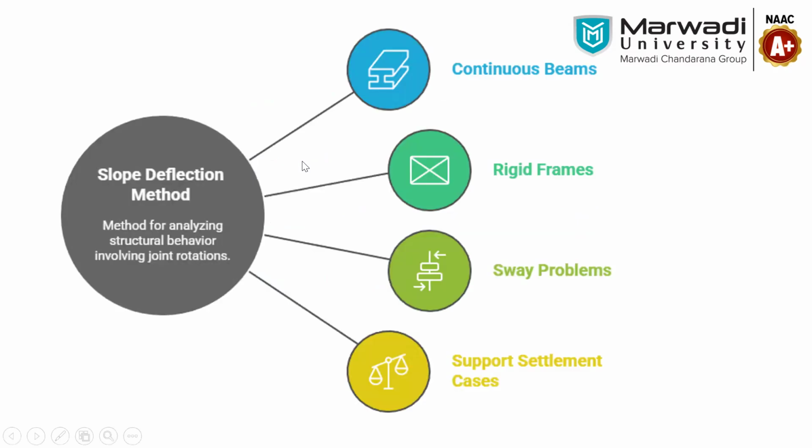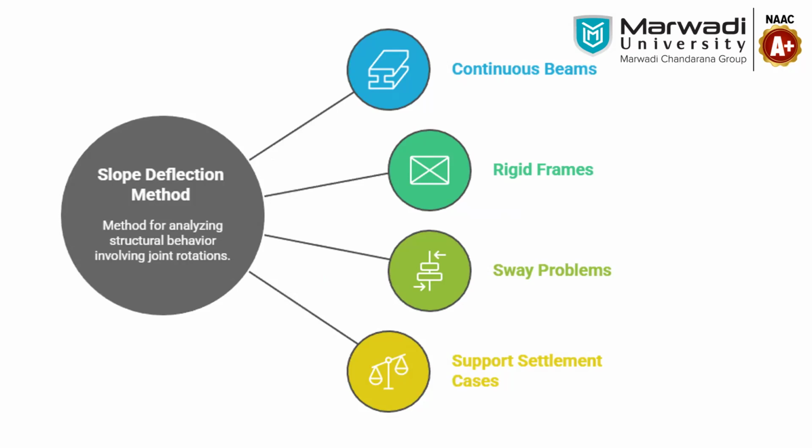So basically, slope deflection method is one of the fundamental classical methods to analyze continuous beams and rigid frames. It includes support settlement, support deflections, support rotations problems, and sway problems. Sway is nothing but lateral deflection.